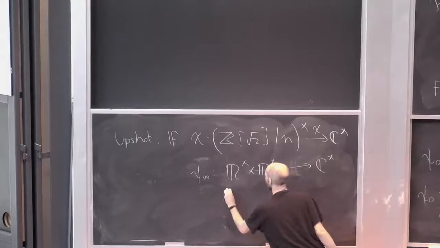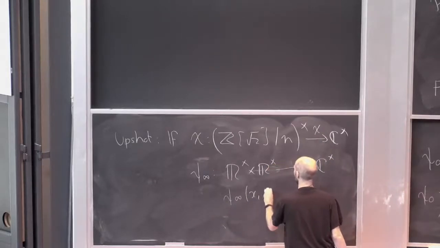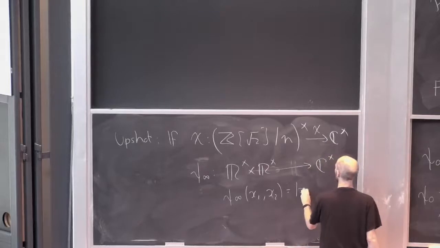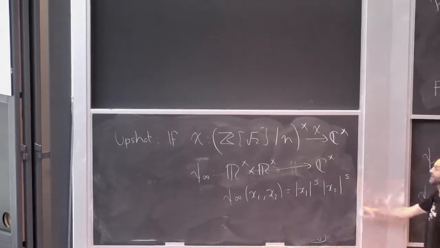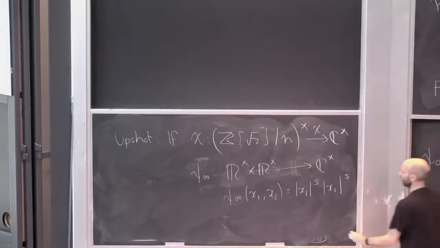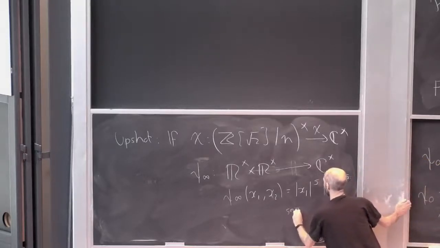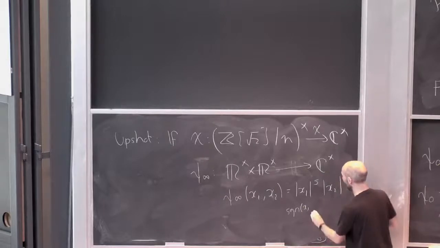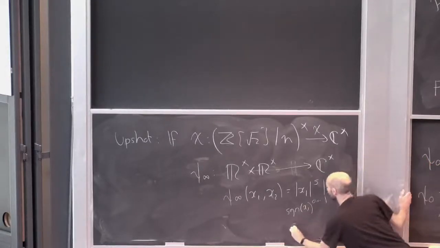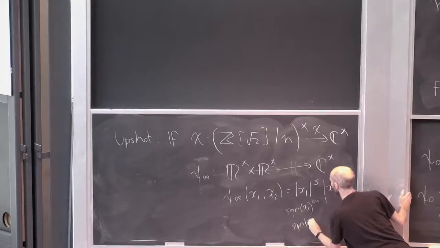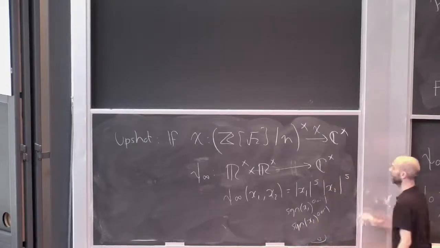So this is psi infinity of x1, x2 is norm x1 to the power s, norm x2 to the same power s, times the sign of x1, which is plus or minus 1, to some 0 or 1, times the sign of x2 to the power 0 or 1.